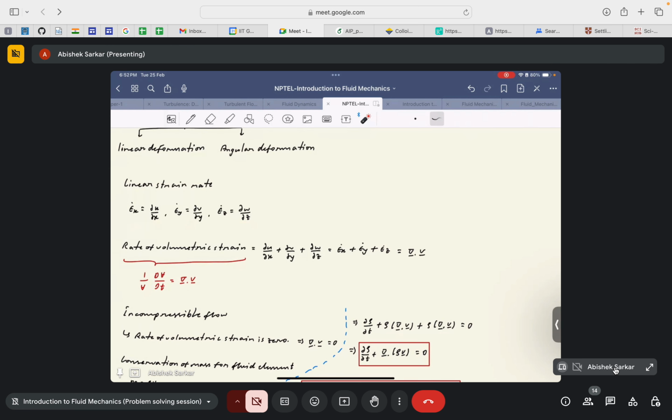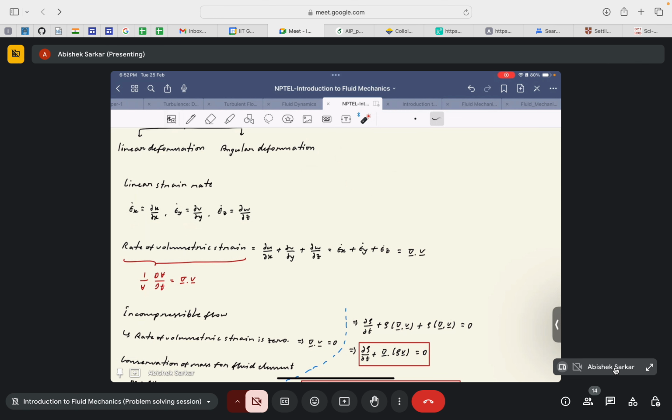Okay, so linear strain rate basically implies the deformation of the fluid element along a direction. Say I am considering a coordinate system x and y, then the deformation of the fluid element along the x direction will be considered the linear strain of the fluid element along x.